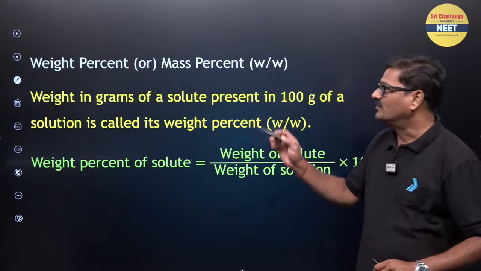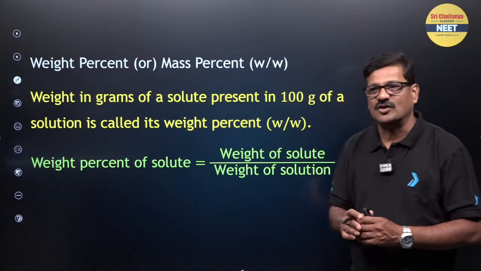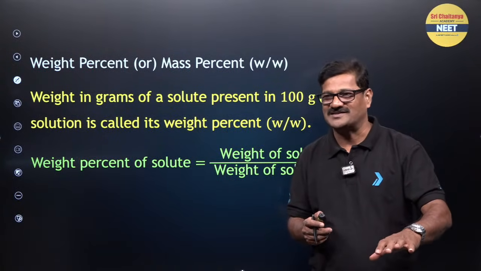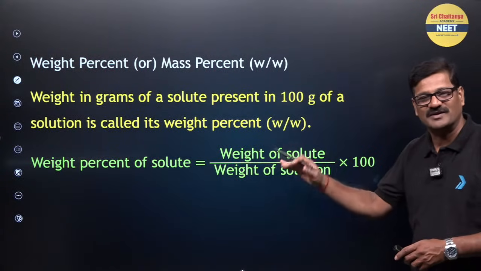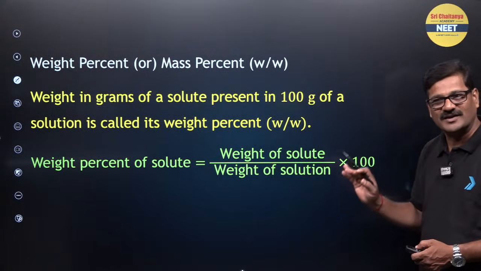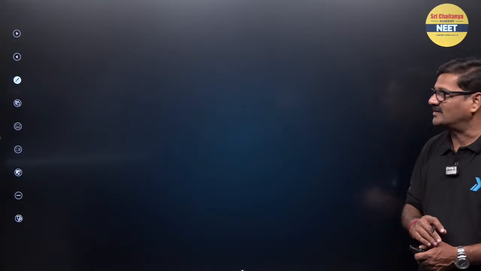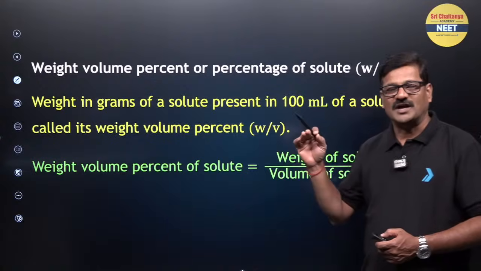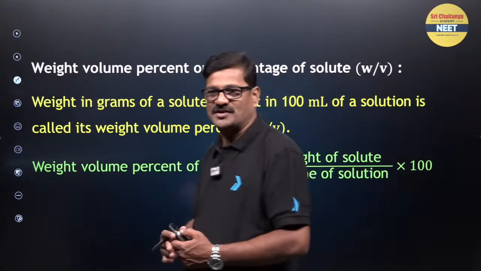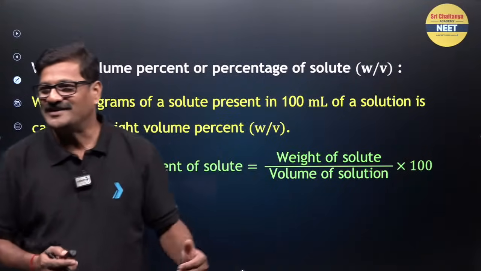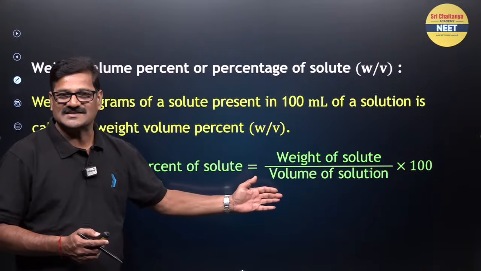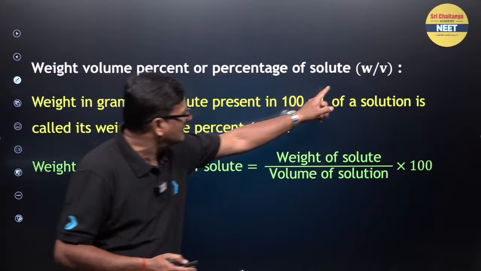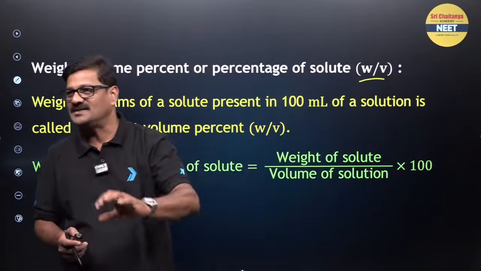Weight percentage: the weight in grams of solute present in 100 grams of solution is called weight percentage. That is the weight of solute by weight of solution into 100. It is W by W. And another one is weight by volume: the weight of solute present in 100 milliliters of solution is called W by V. The term itself indicates what it is.